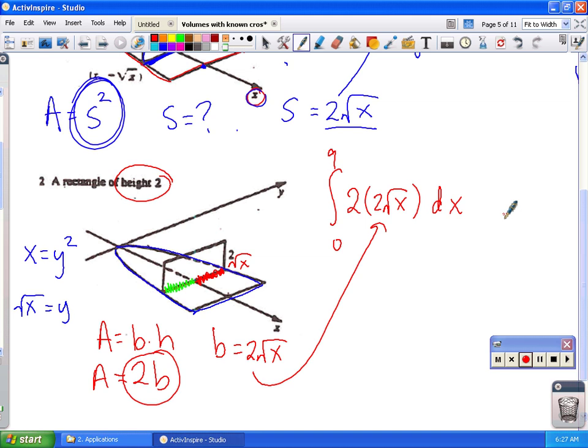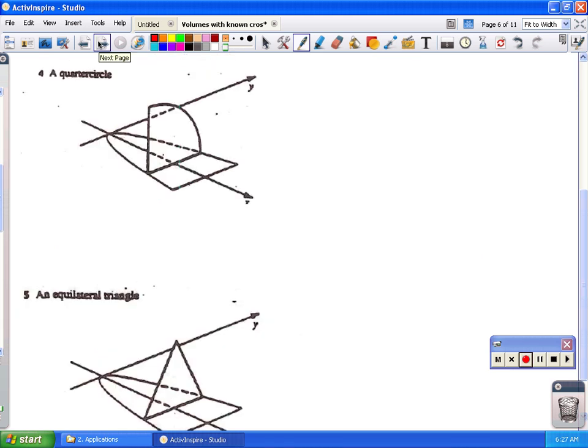Notice there's no square up here because that's not part of the formula for the area of a rectangle. Now, if I were going to integrate this problem, I would multiply the 2 times 2 and get 4, and I would pull it out front and get it out of my way. I would have x to the 1/2 dx, which again is a simple problem to find the antiderivative of and do the arithmetic, which I'll leave to you.